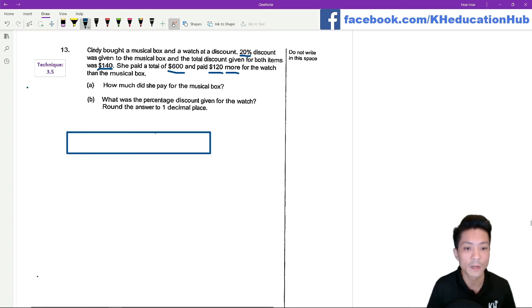I'm going to cut into 5 parts. This would be the musical box. Okay, there's a 20% discount, which means that this is the 20% discount.